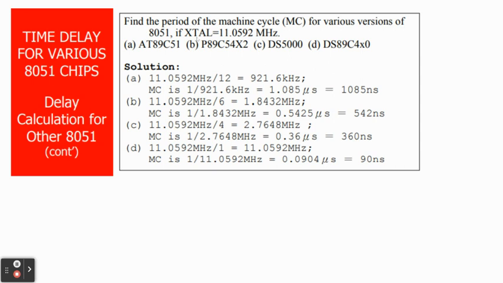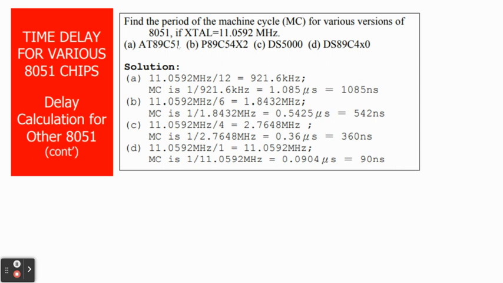Here we will assume that the crystal frequency is equal to 11.0592 megahertz. For letter A, 89C51, we have 11.0592 megahertz divided by 12, and the answer would be 921.6 kilohertz.